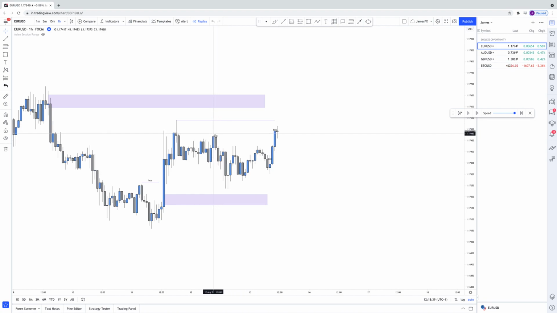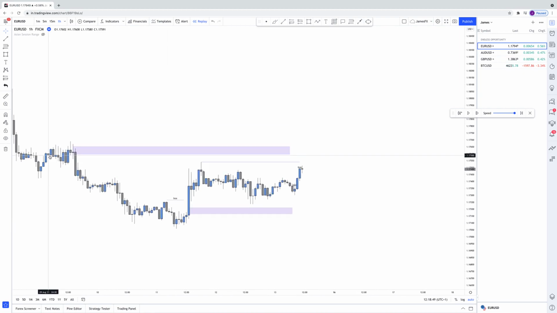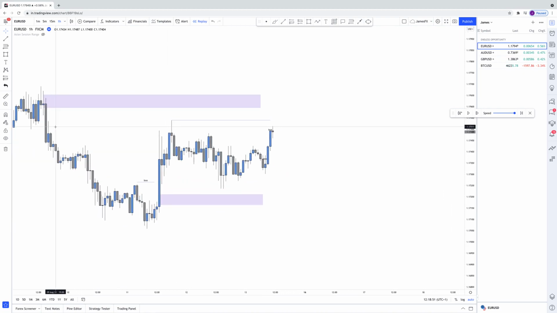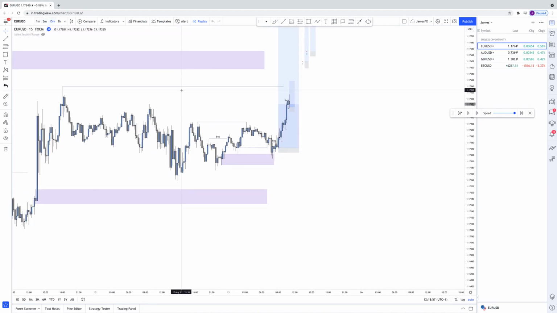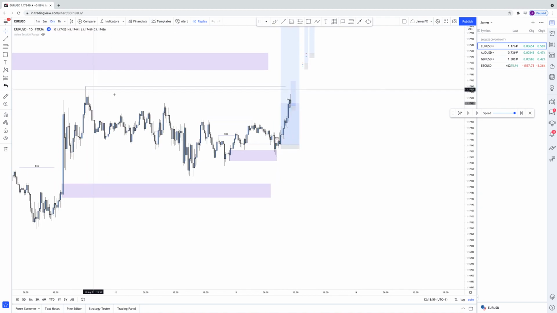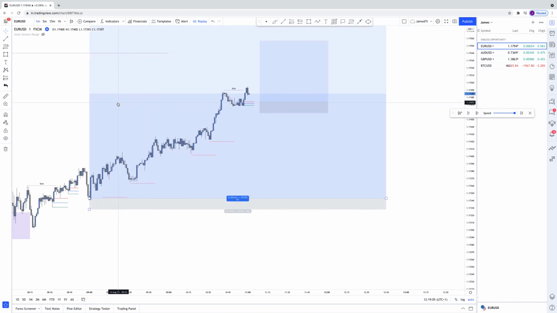Once they get taken out, price reverses, just like it happens all the time. Just like here, we take out the low, price reverses. I can go through loads of examples, but you get the point. So looking at the 15, you can see that area there, and we also have this high that price is at. So I'm not looking to really scale in on that trade.